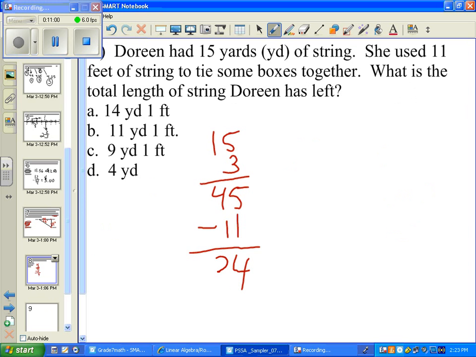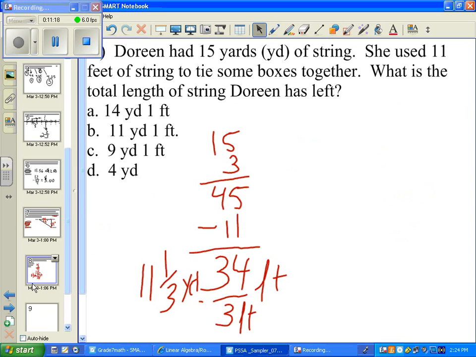So that brings us to, she has 34 feet left. And if we divide that by 3 feet for every yard, we end up with 11 1/3 yards, which is 11 yards and 1 foot.